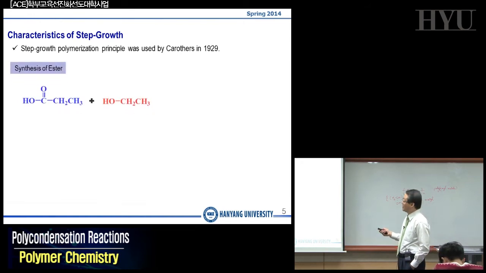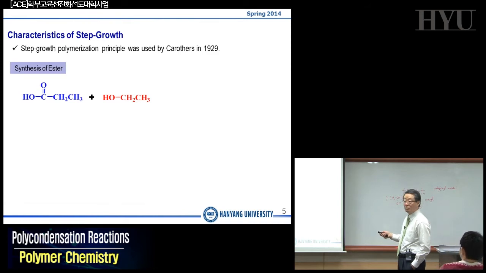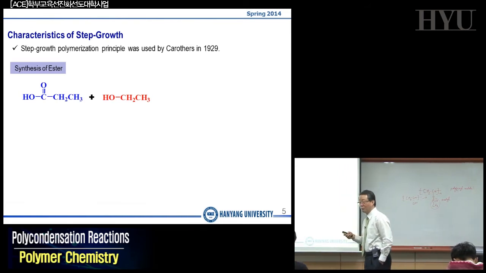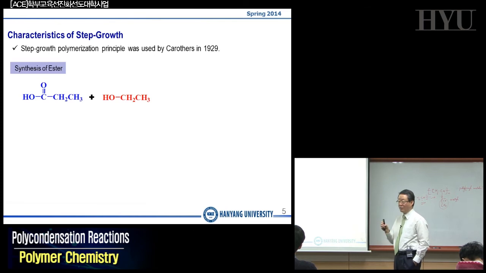And he synthesized, first of all, propionic acid with ethanol. Okay, you have a carboxylic acid and an alcohol. If you add sulfuric acid as a catalyst to this reaction of the two monomers, it will take the water out to form the ester.